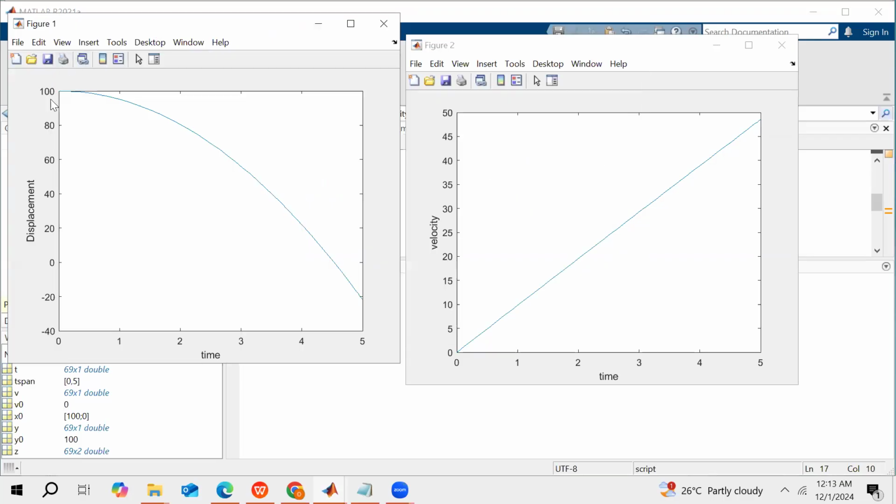So you can see the position plots. The position plot shows that the object is falling from a height of 100 at time 0. So a height of 100, then it's going to get to the ground floor around 4 point something, which is the distance of 0.